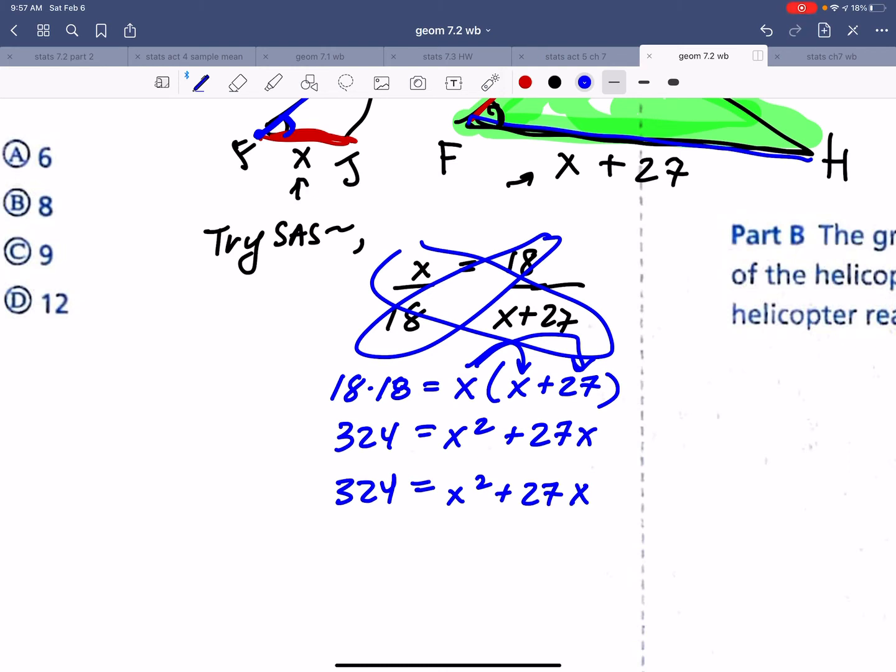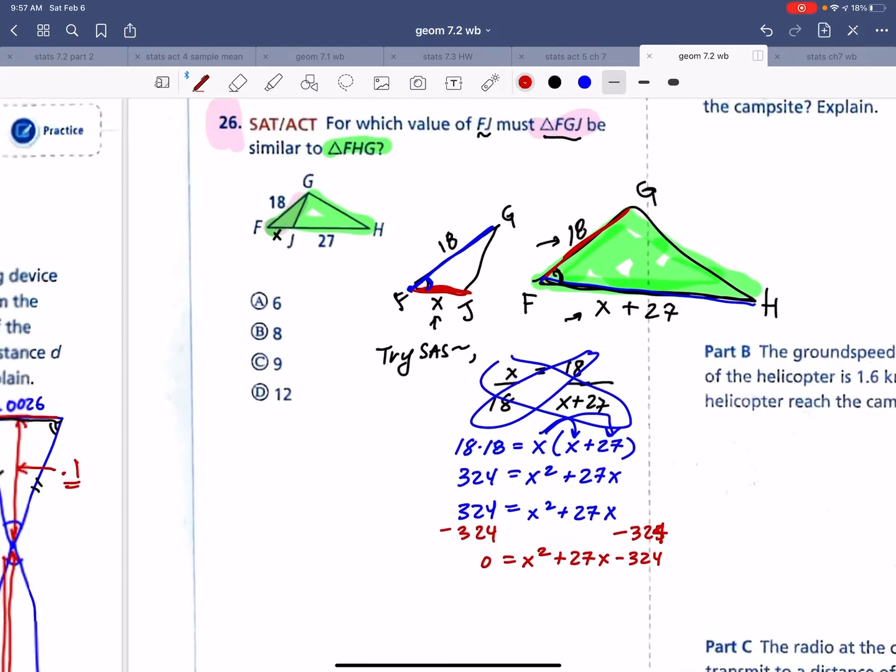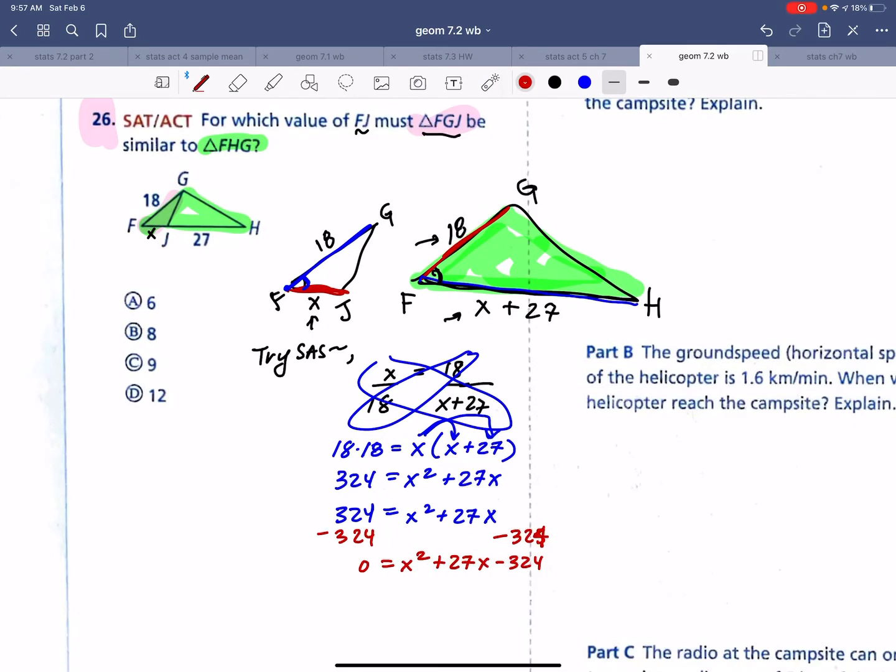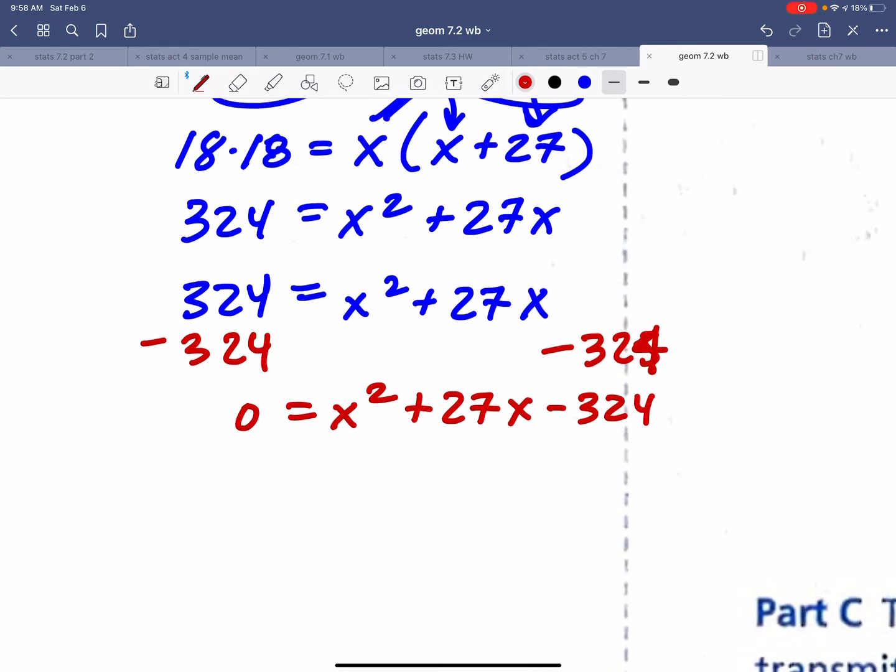Okay, so this feels like algebra class, right? I got to get all of my units on one side and factor this. This one's getting a little crazy. A little interesting question here. Okay, so I need to factor this.